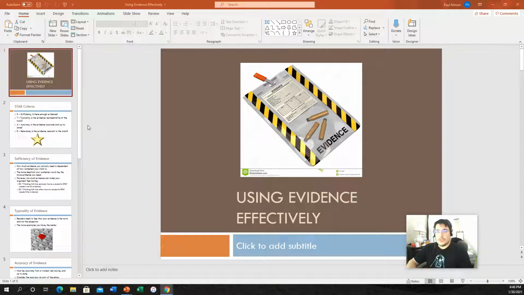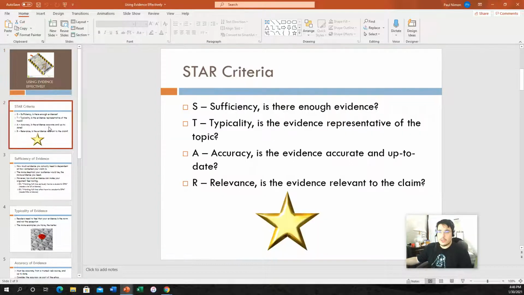And so you need to be able to use evidence effectively, which is, as you can read on the slide here, what we're talking about. So I've broken this up into an acronym. Or I shouldn't say I, I didn't create this, okay? I just find that it's very, very useful. So it's called the STAR method.